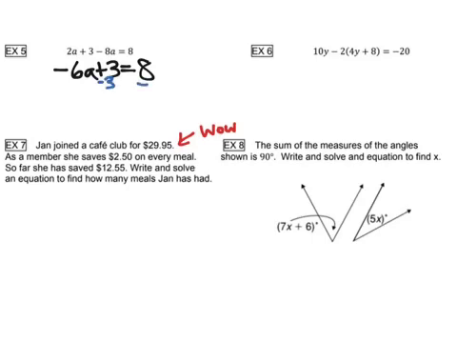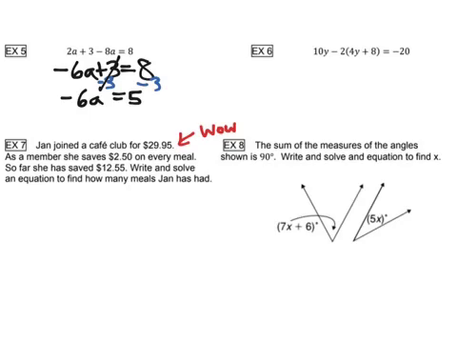So we're going to subtract 3 from both sides of the equals sign. And with that done, we have negative 6a equals 3 minus 3 is 0, equals 8 minus 3, which is 5. So we just end up with negative 6a equals 5.